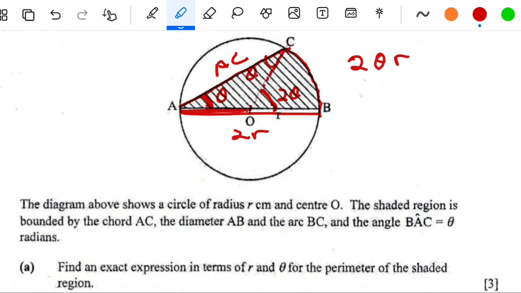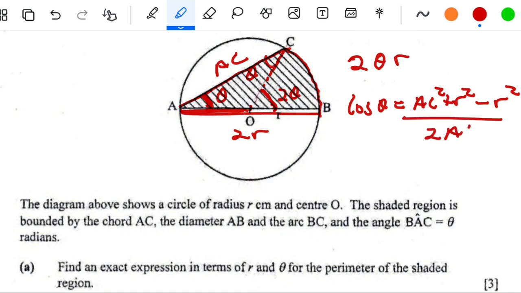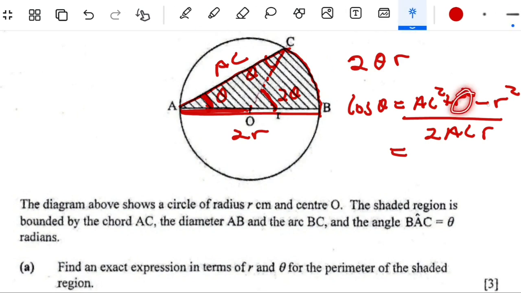I'm going to write the cosine rule here. So cosine rule says cos theta equals AC squared plus r squared minus r squared over 2AC times r. So what is going to happen is that these ones will cancel each other since they are subtracting.